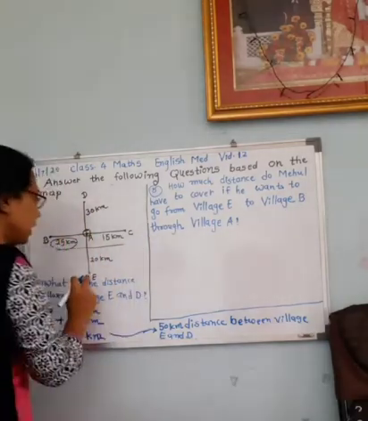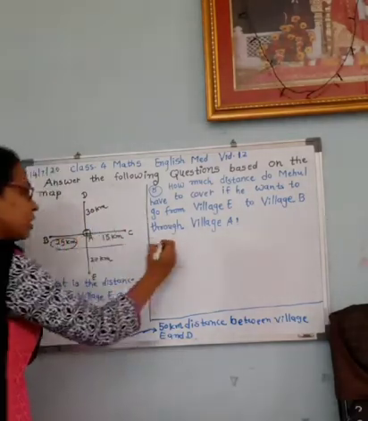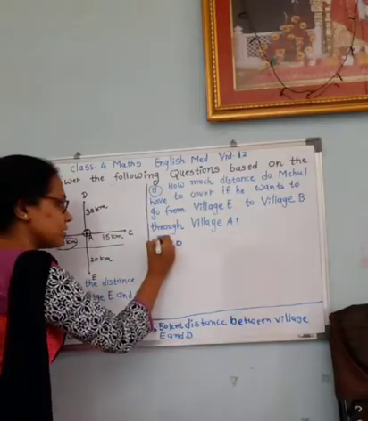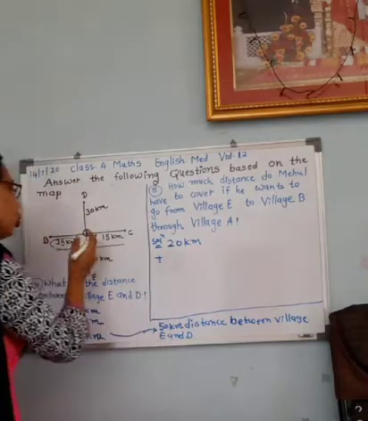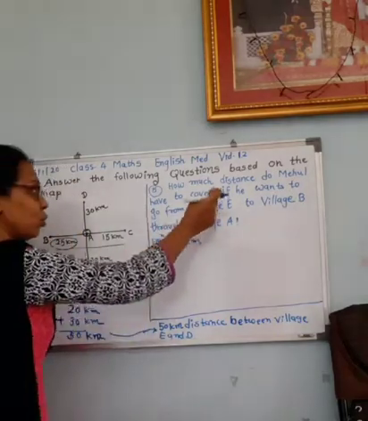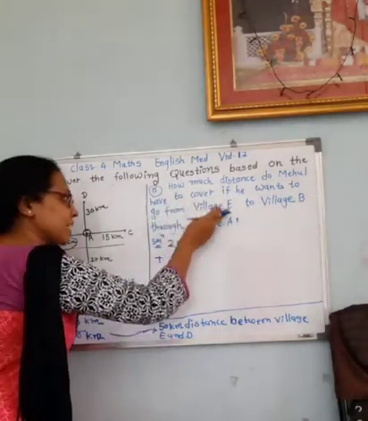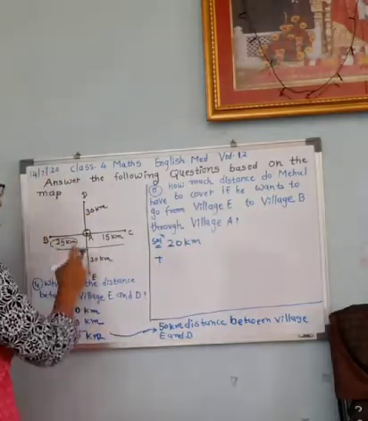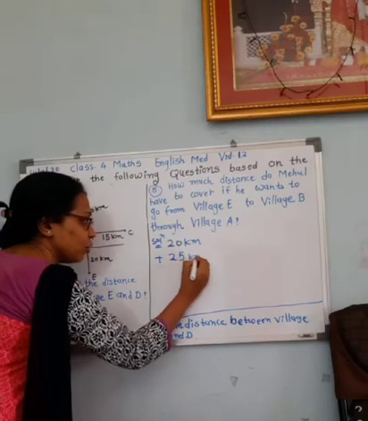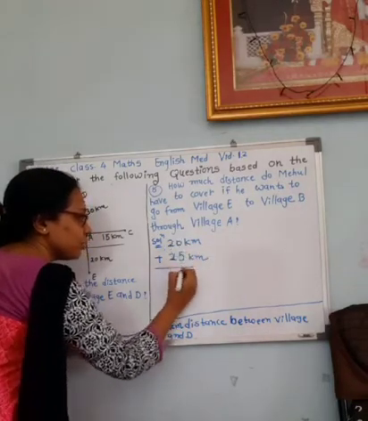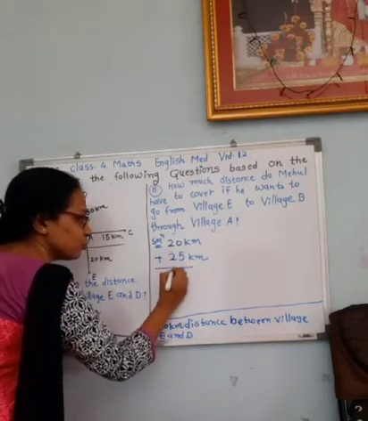So here E to A, how much kilometer? 20 kilometer. This is the solution, 20 kilometer plus A to B. He wants to go from village A to village B. So A to B, how much kilometer is here? 25 kilometer. So 0 plus 5, 5. 2 plus 2, 4.